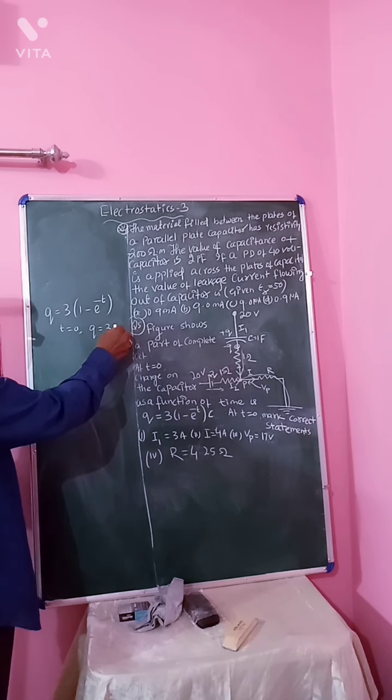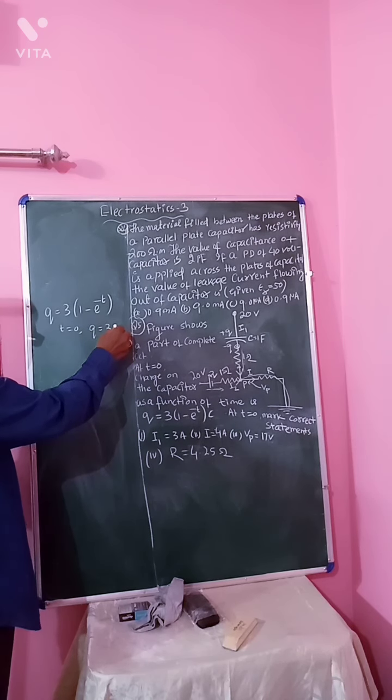So at t equals 0, the charging current is 3 ampere, and when this 3 ampere current flows through this resistor of 1 ohm, the potential difference across the 1 ohm resistor is 3 volt.